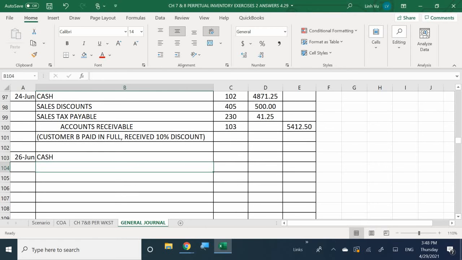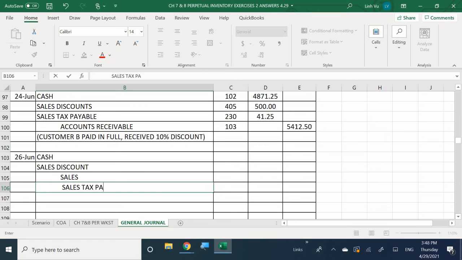What else do we need to recognize? We need to claim our 50% discounts. And sales and sales tax payable. Good. So in this case, we don't need to refund the tax because we never charged it in the first place. So there's no tax for us that we have to undo. We're just going to charge the tax straight up on whatever the discounted amount is.